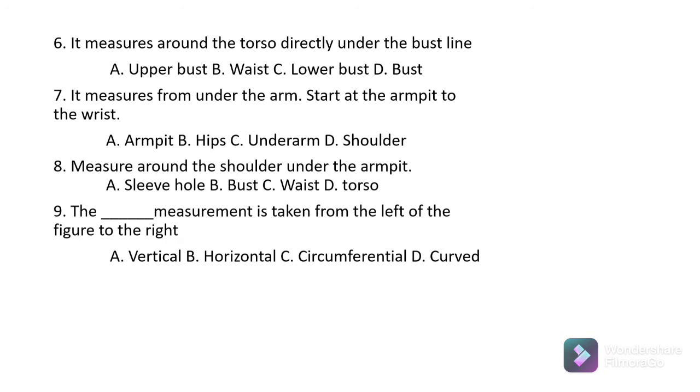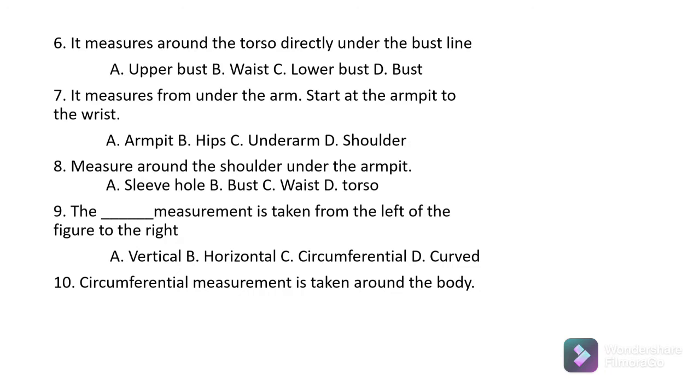Is it A, vertical, B, horizontal, C, circumferential, or D, curve? And last, the circumferential measurement is taken around the body. Is it A, true, B, false, C, maybe, or D, none of the above? I will give you another 1 minute to think of your answers. Our timer starts now.